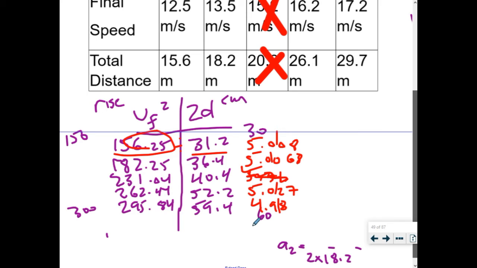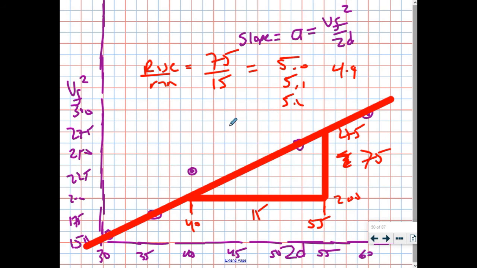Precision and accuracy are inextricably linked. Precision is what you choose to measure to based on what you feel like you can accurately say. So I think if this were me, I would have said that 5.0 meters per second squared is probably what I feel comfortable with, but I'm not comfortable with saying anything more than that because, I mean, I had a 4.98. So.